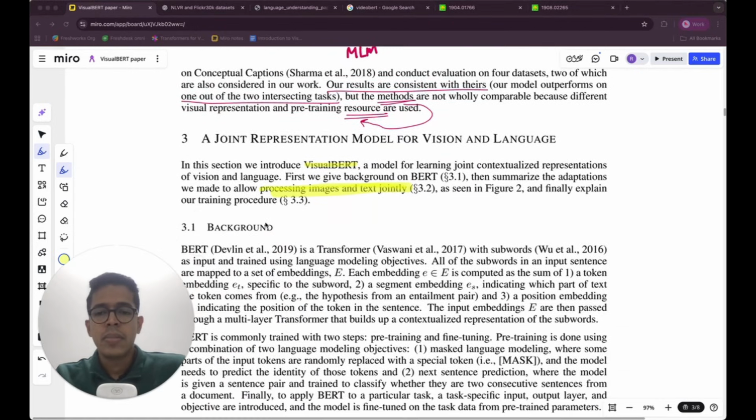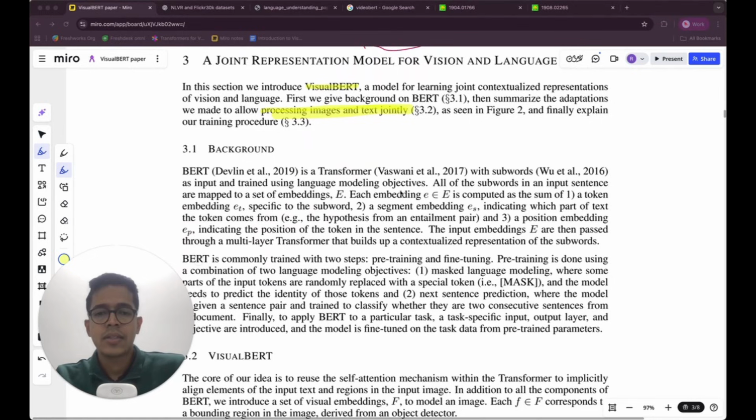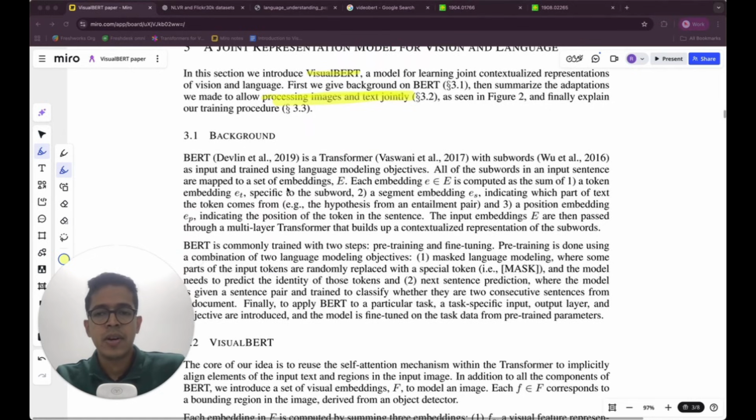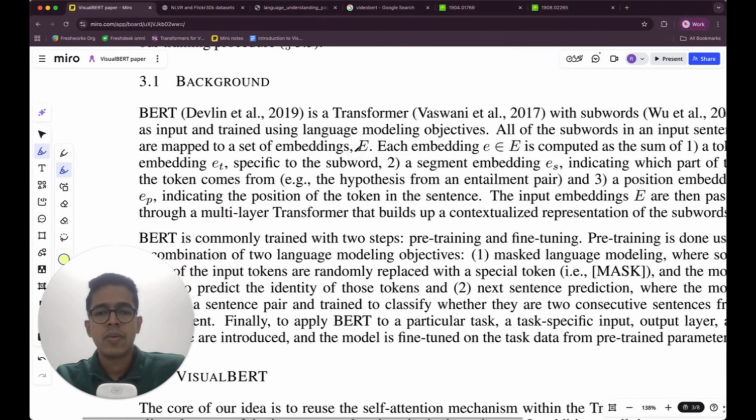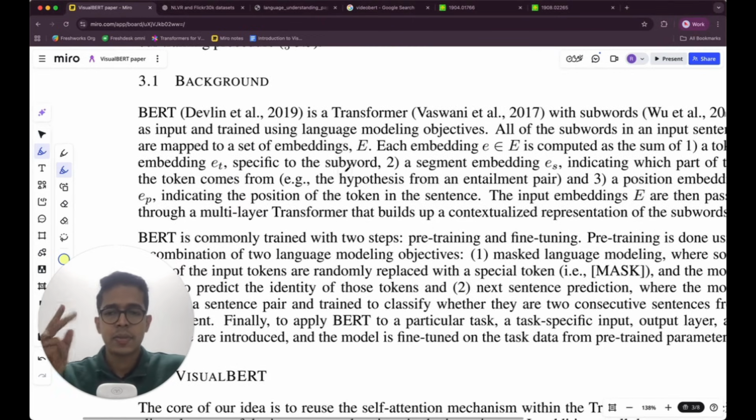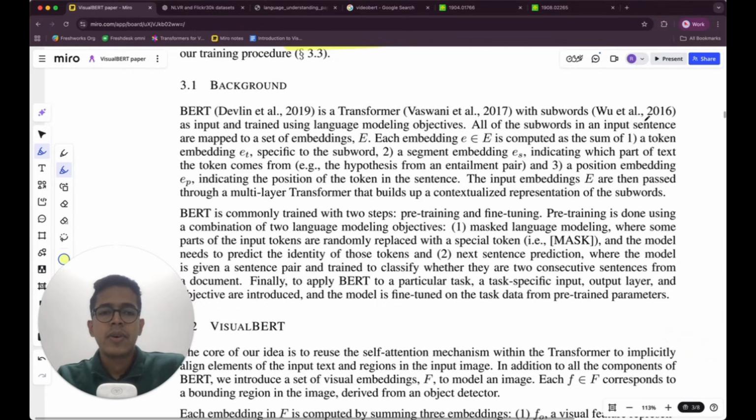Background. BERT by Devlin et al. is a transformer with subwords as input and trained using language modeling objectives, masked language modeling and next sentence prediction, NSP, MLM. Those were the 2 objectives. All of the subwords in an input sequence are mapped to a set of embeddings E. Each embedding E is computed as a sum of token embedding, segment embedding, and position embedding.